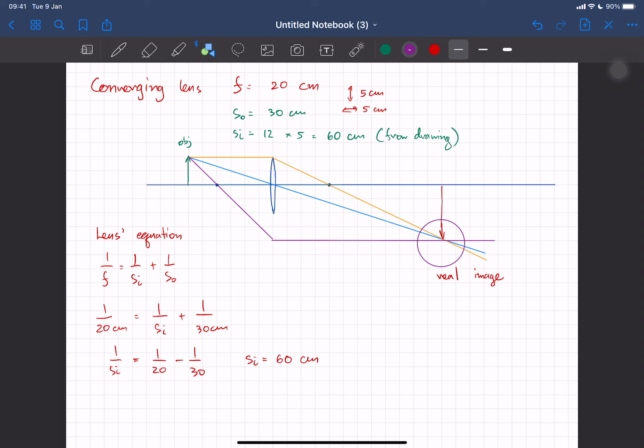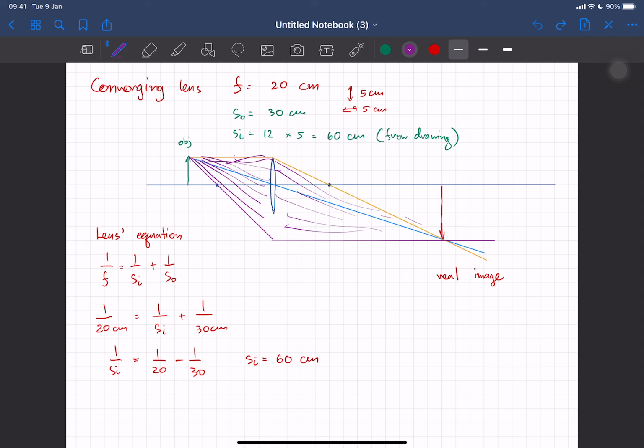Okay, so you can see that we are drawing 2 light rays or 3 light rays, but actually there are a lot of them that we are not drawing. That means we have to think about why we don't have to draw them. All other light rays coming out here are all going to get focused onto the same point like this.